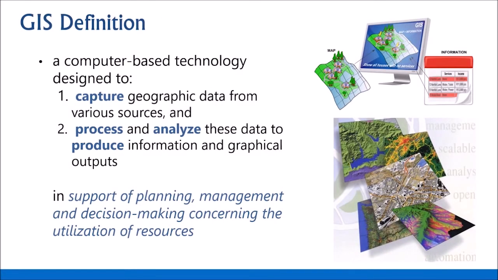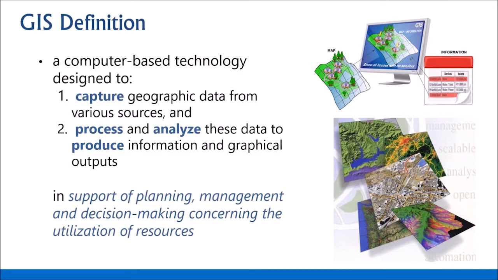Now we go to our formal definition of what a GIS is. So a GIS is just a computer-based technology designed to capture geographic data from various sources and process and analyze this data to produce information and graphical outputs.